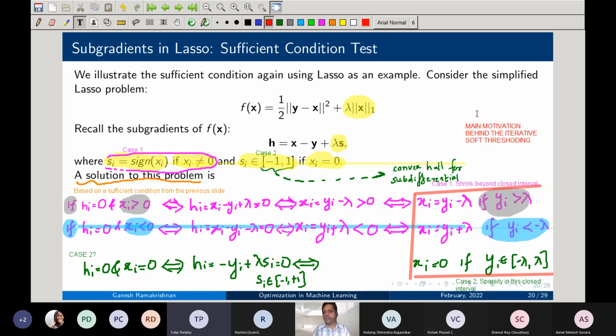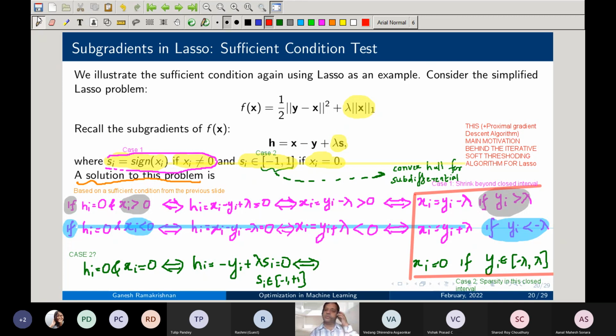To actually write this as an algorithm, we need something called the proximal gradient step. I would say this plus the proximal gradient descent algorithm together give you this iterative soft thresholding algorithm for lasso.